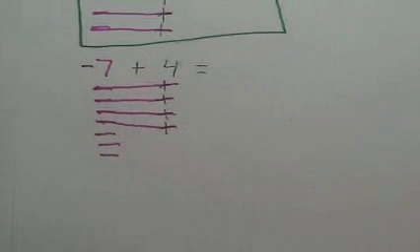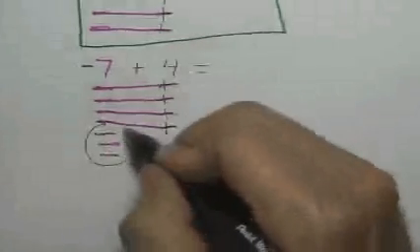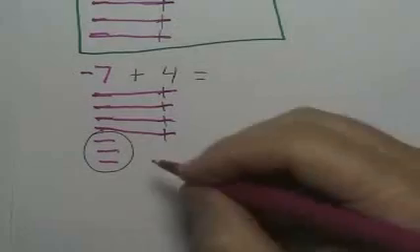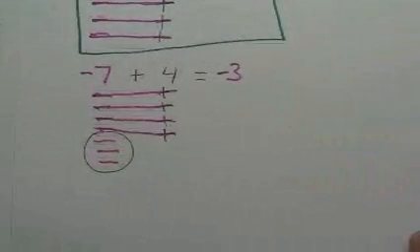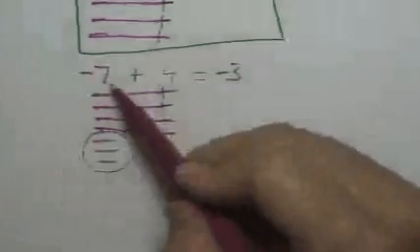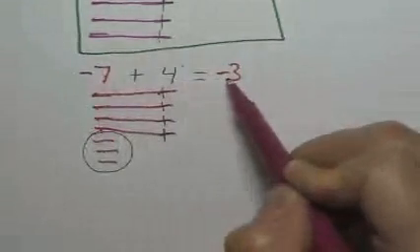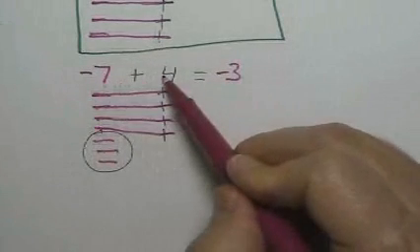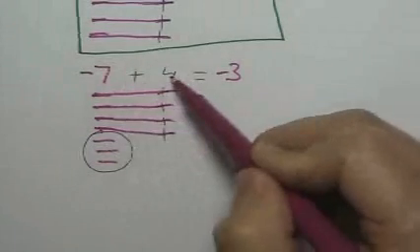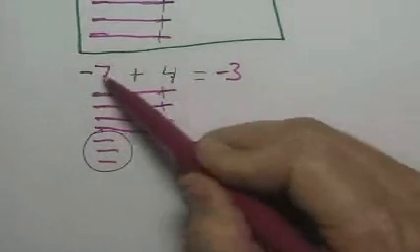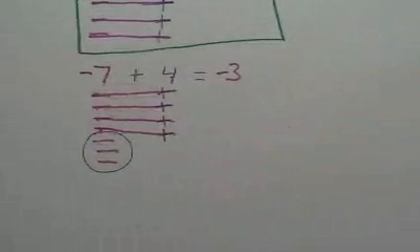And what do I have left? Right there. That's 3 negatives. So my answer is negative 3. So negative 7 and 4 is negative 3. There's more negative than there is positive. See that? There's 3 more negative. I just subtract. 7 take away 4 is 3. There's more negative. Negative 3.